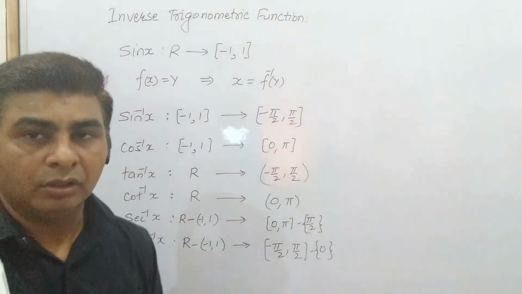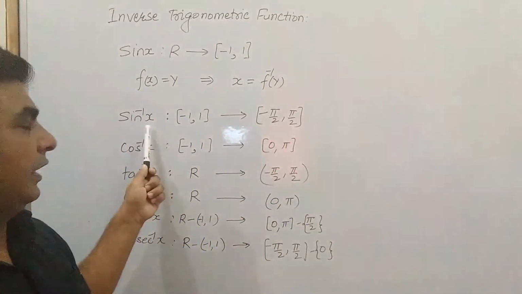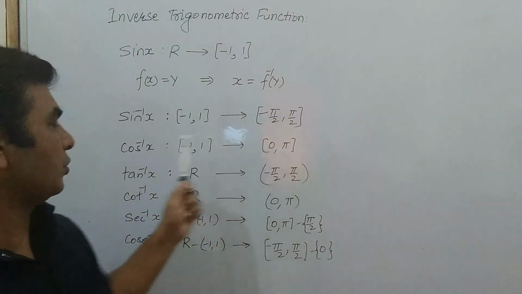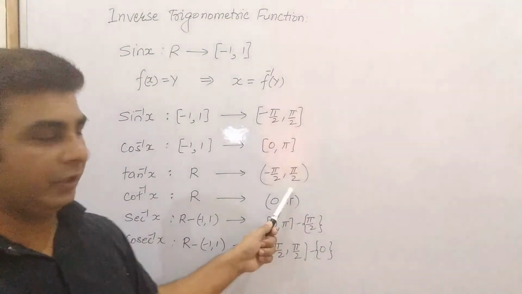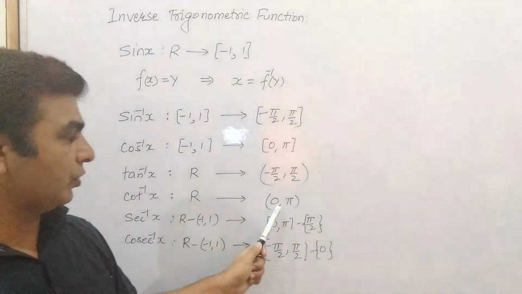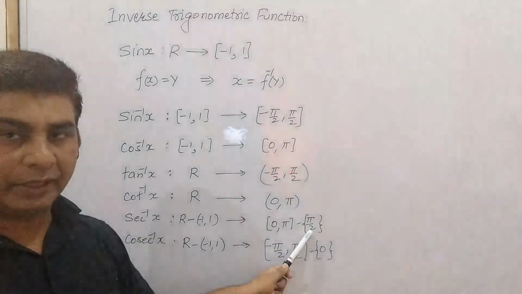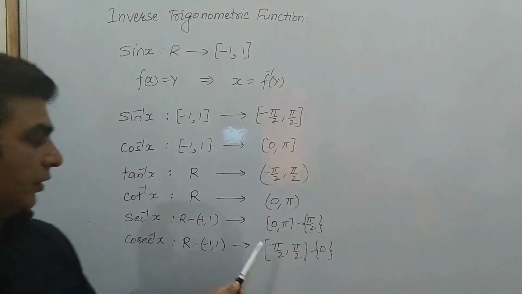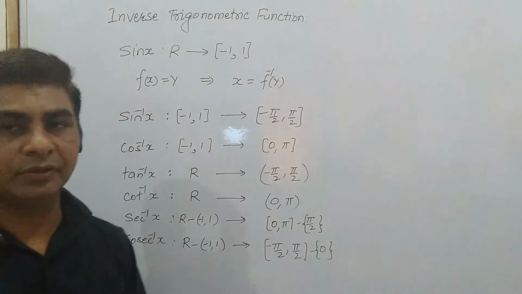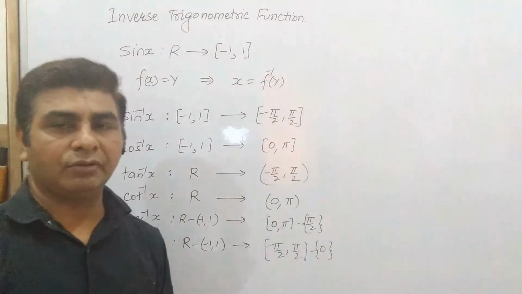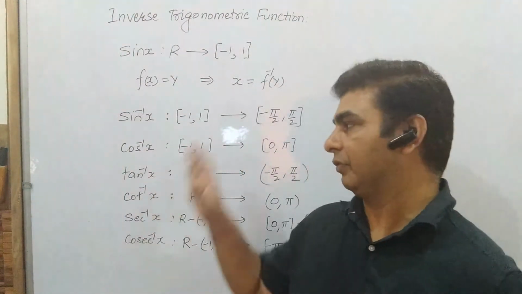It should necessarily lie between minus 90 to plus 90 in case of sine inverse x, 0 to 180 in case of cos inverse x, minus 90 to plus 90 with open interval in case of tan inverse x, 0 to 180 with open interval in case of cot inverse x, 0 to 180 except 90 in case of secant inverse x, and minus 90 to plus 90 except 0 in case of cosecant inverse x. So basically, I have told you the limits of any inverse trigonometric function, which should lie within the given intervals.